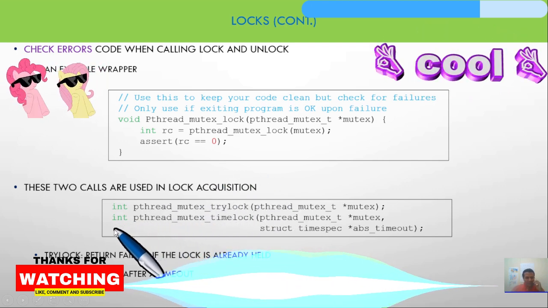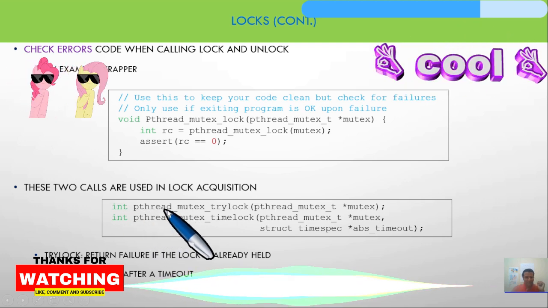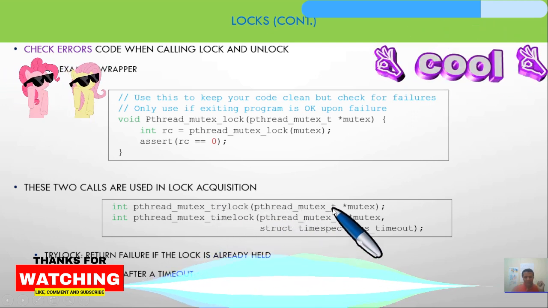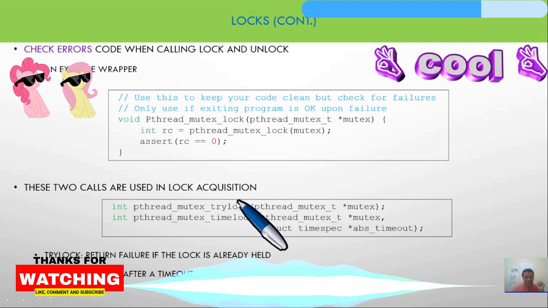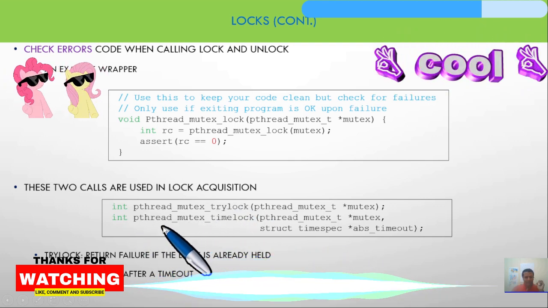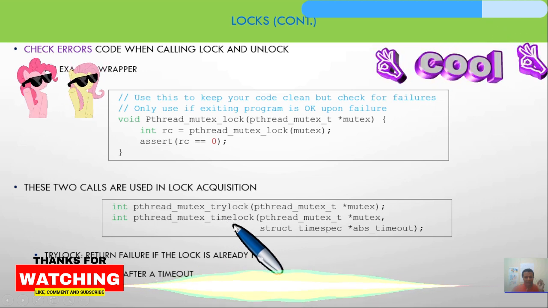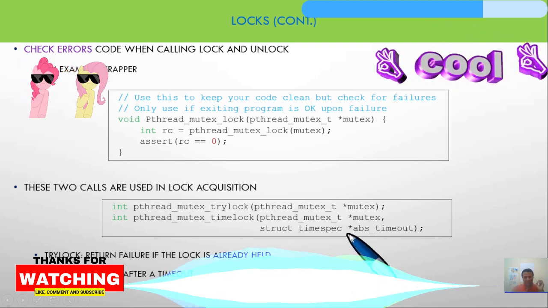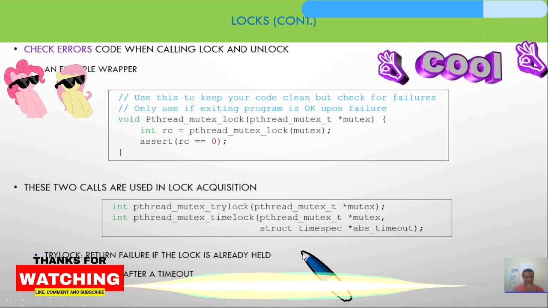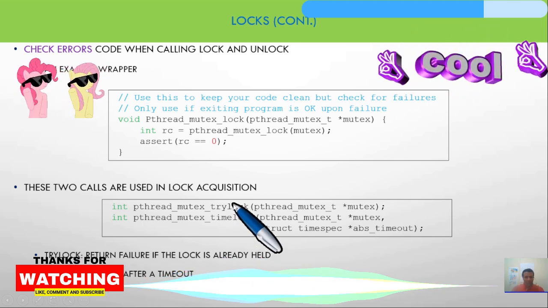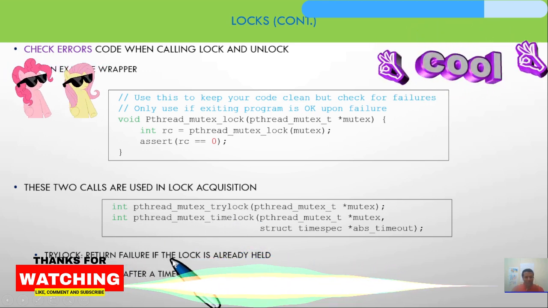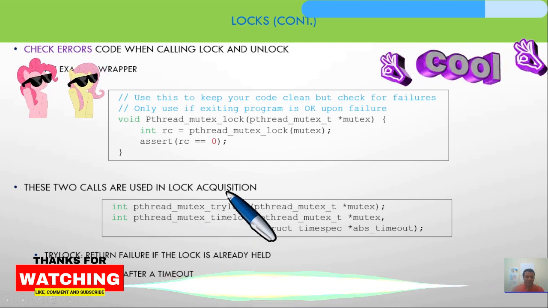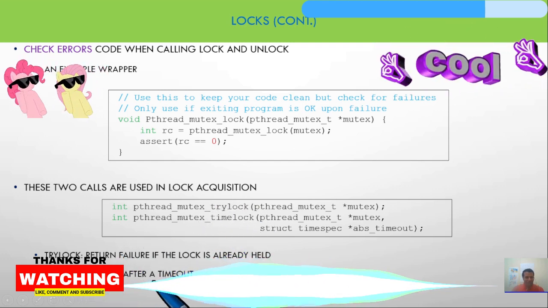Those two calls are used in lock acquisition. Let's see the syntax again: int pthread_mutex_trylock(pthread_mutex_t *mutex) and int pthread_mutex_timedlock(pthread_mutex_t *mutex, struct timespec *abs_timeout). The trylock call returns failure if the lock is already held. Timedlock returns after a timeout.